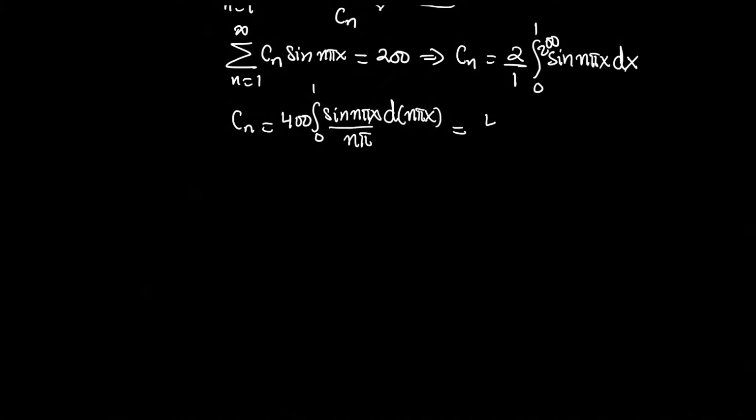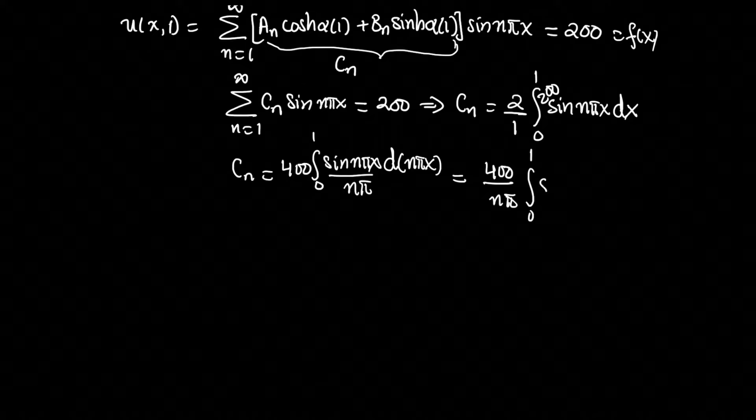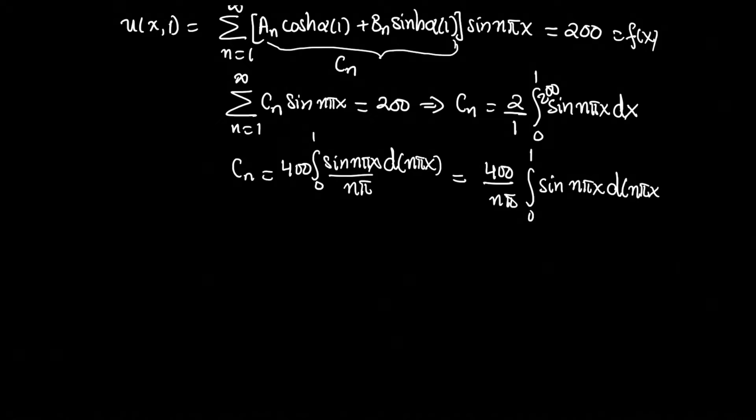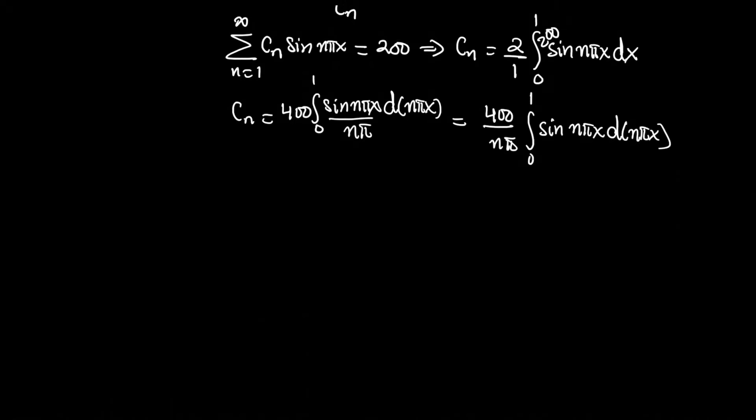Then I have 400 over n pi, integral 0 to 1, sine n pi x d(n pi x). From here, I have C_n equal to 400 divided by n pi times minus cos of n pi x.